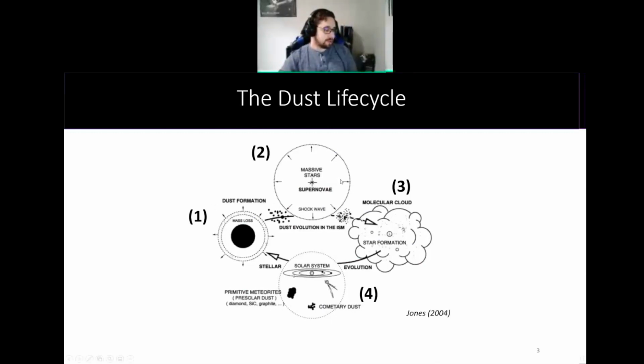This dust is distributed throughout the ISM, where it can be further processed and enriched through processes such as shock waves from supernovae of massive stars. This can cause other processes to happen in the dust, such as fragmentation or destruction, to give rise to smaller species, such as even interstellar PAHs.